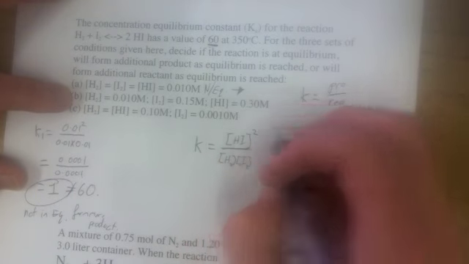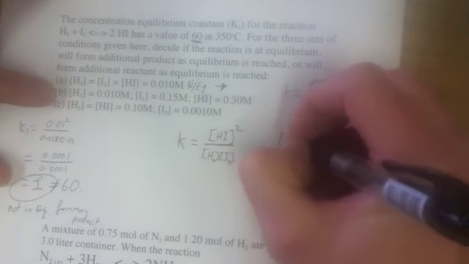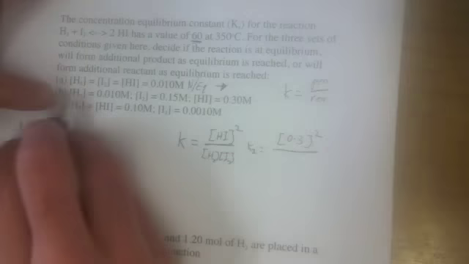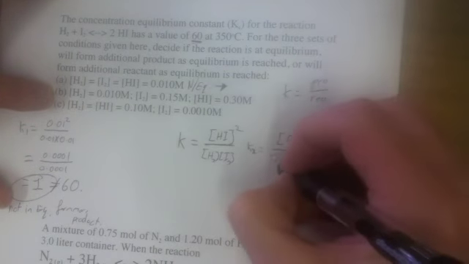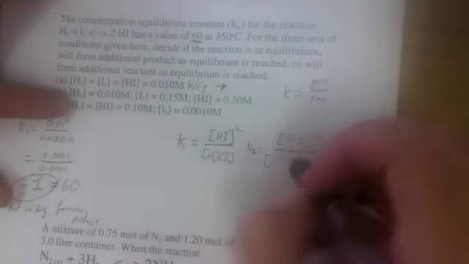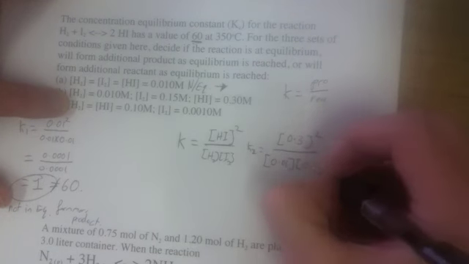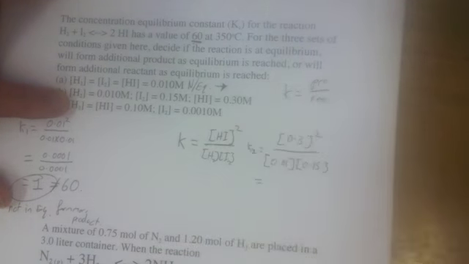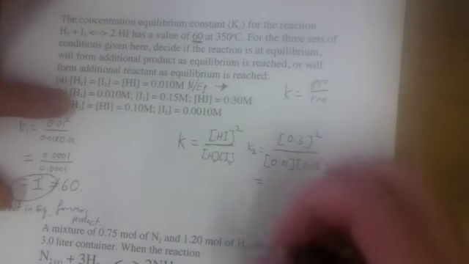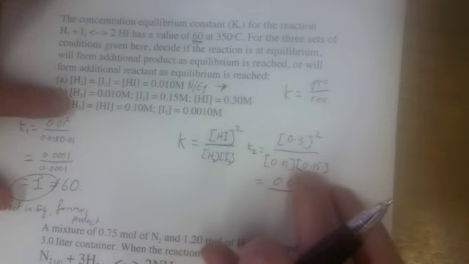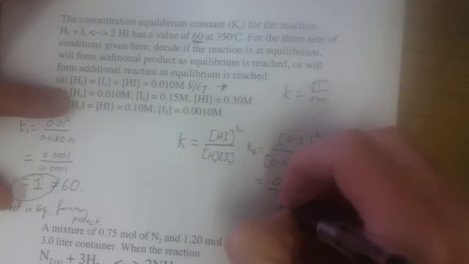The concentration of hydrogen iodide was 0.3, so we've got 0.3 squared, for K2, divided by the concentration of hydrogen, which is 0.1, times the concentration of iodine, which is 0.15. 0.3 squared equals 0.09, divided by 0.1 times 0.15, which is 0.015.